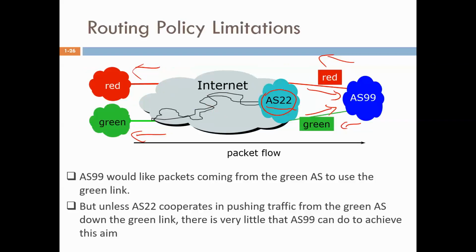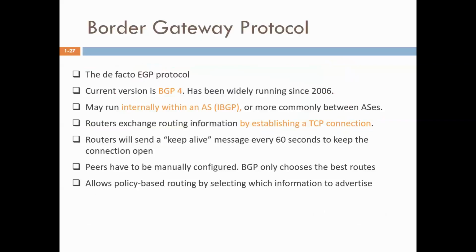How to receive traffic is more challenging because it depends on how other autonomous systems handle the traffic that they are sending to you. These are all policy limitations that serve as a motivation or incentive for autonomous systems to have dealings or contracts with each other. Okay. Now, the Border Gateway Protocol is the way to enforce these policies.